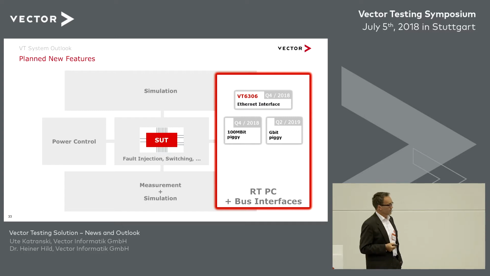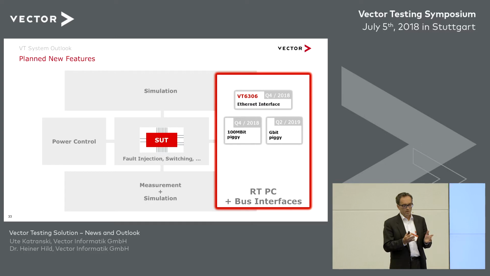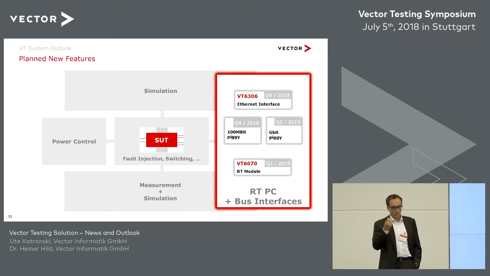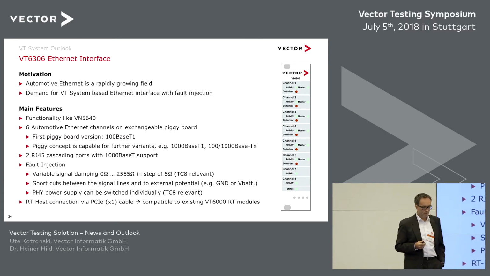There are already lots of Ethernet interfaces from Vector, but there will be a separate insert there for that now, which is functionally similar to VN5640, and then with an outlook we are also talking about a new PC module, which I would like to briefly try to present to you.